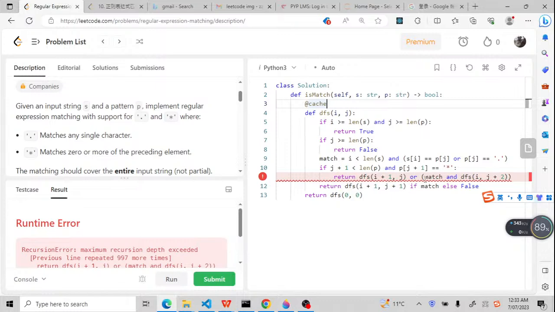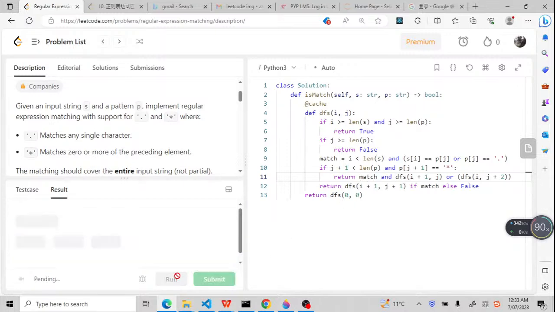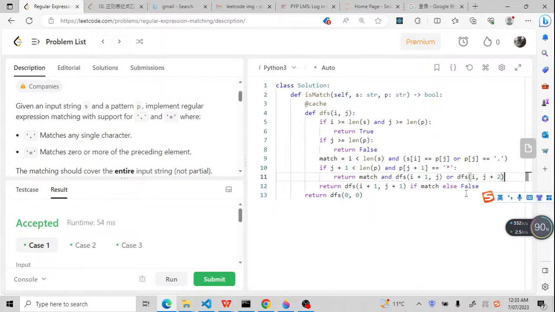Let's try to put the match here to see if it works. Yeah, it seems the match should be at the i plus 1 and j. I didn't explain it clearly. It seems the match should come with the DFS i plus 1 and j.